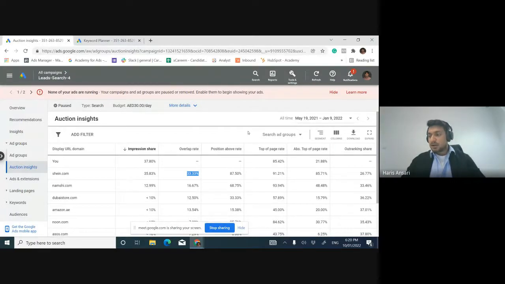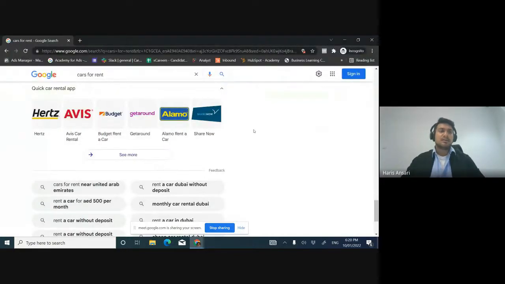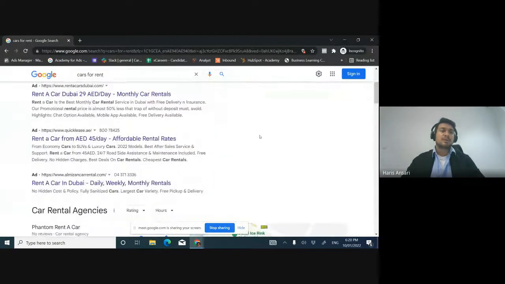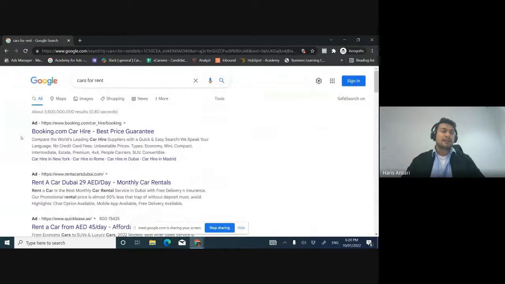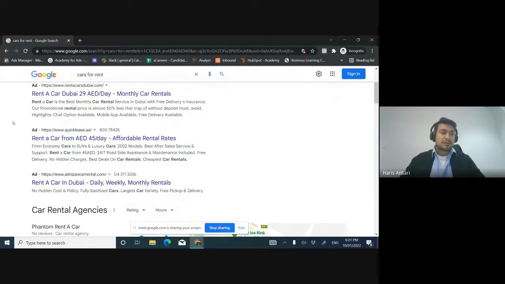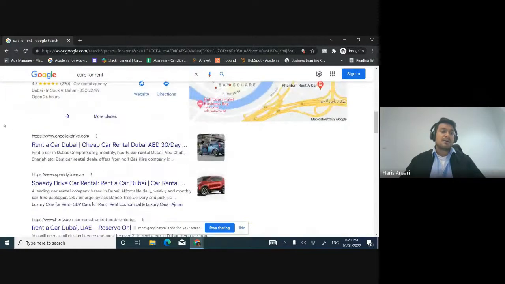Organic search, Tabassum, is basically when you search for anything on Google, there are two types of results you get. One is the paid ads, which are advertised by a company or a business. The other results come from Google's own mechanism, through its own algorithm. It is not paid.